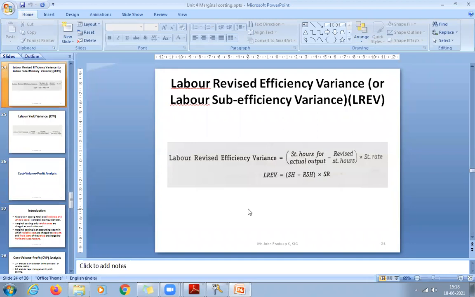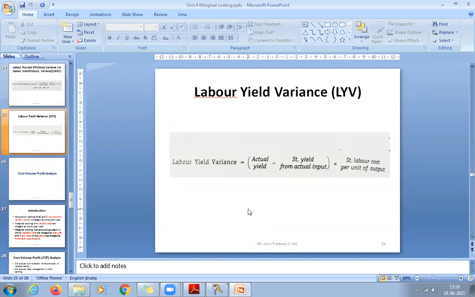And revised efficiency variance: standard hours minus revised standard hours into standard rate. And yield variance is also the same: actual yield minus standard yield for a given output into standard labor cost per unit of output.